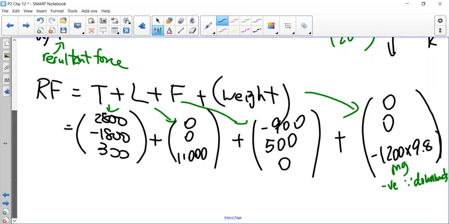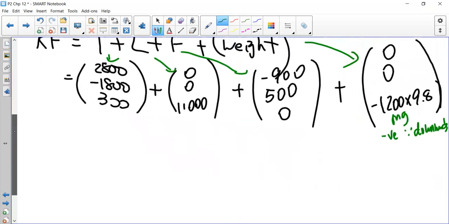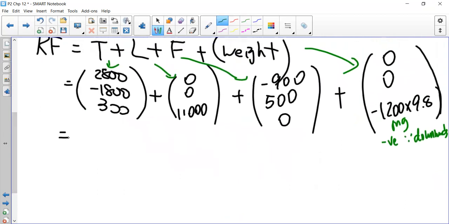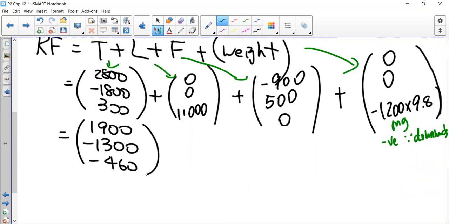So we're going to simplify everything in here, put it in one big bracket. You can use a calculator to simplify it. You should get 1,900, minus 1,300 and minus 460. That's the resultant force.